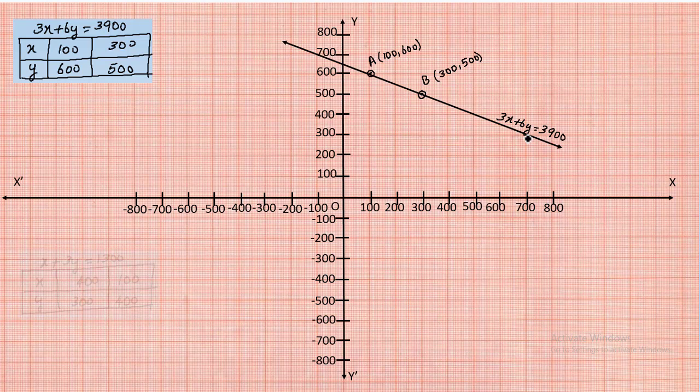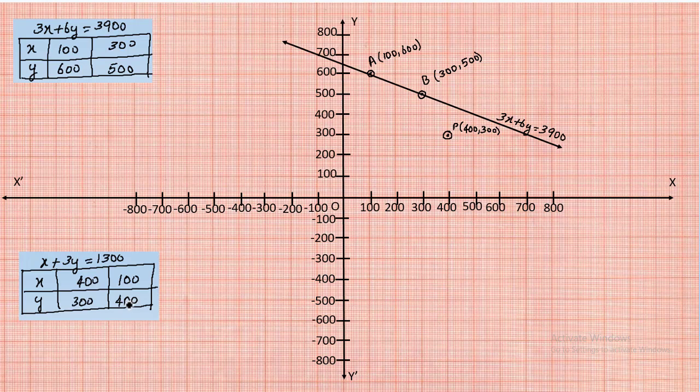Now similarly, let us plot the graph obtained from the table for equation x plus 3y is equal to 1300. So the first value is at x equal to 400, y is equal to 300. So on x-axis it is 400 and on y-axis we have to locate at 300. So we will obtain a point here. Let us mark this point as P at 400, 300.